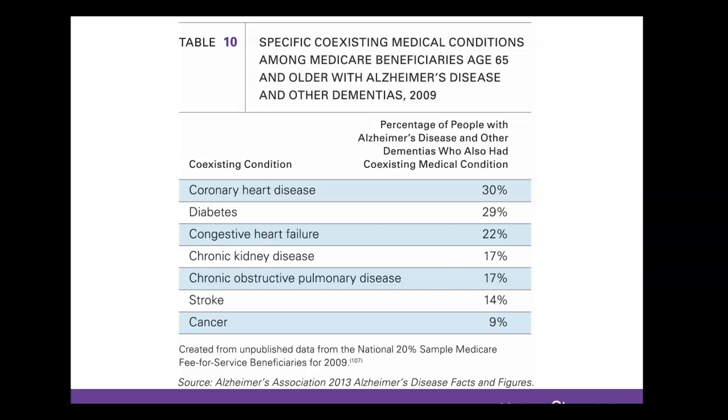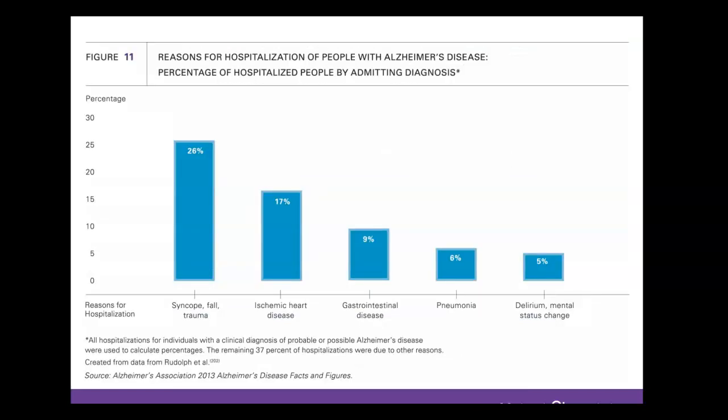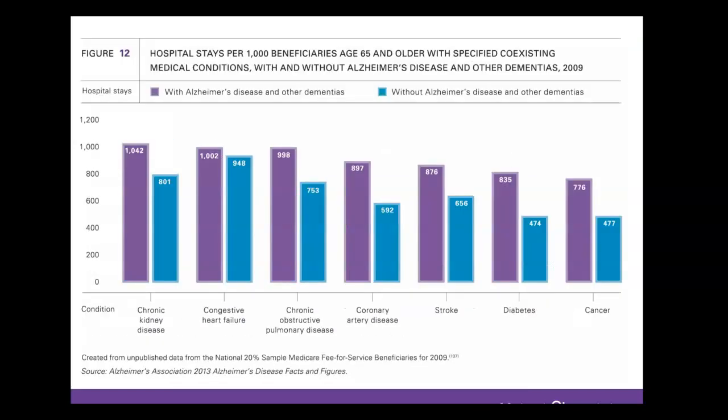Again, this is with Alzheimer's and dementia, congestive heart failure, chronic kidney disease, chronic obstructive pulmonary disease, stroke, and cancer, and again, the associated percentage related to those other diseases as well. This slide depicts the hospital stays with the coexisting medical conditions with and without Alzheimer's disease.